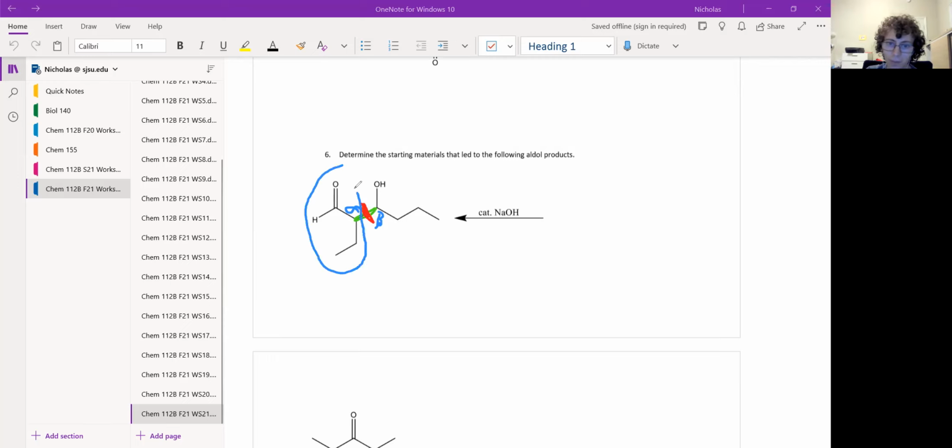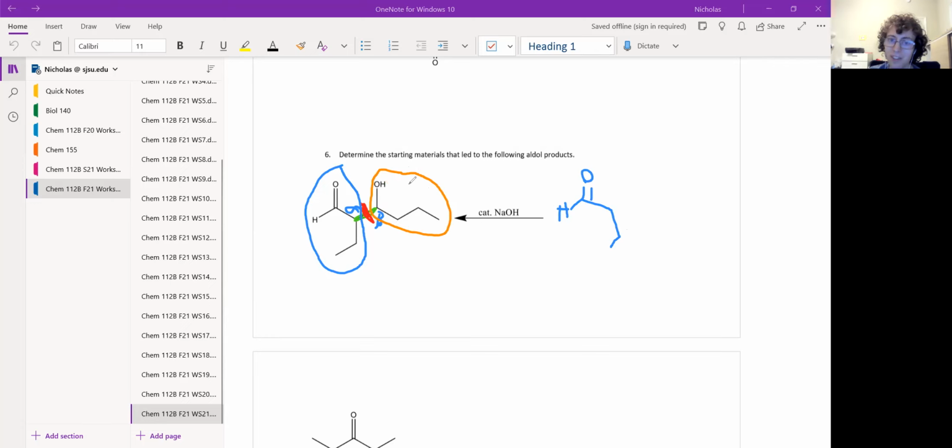So on the left side, I have this part I've circled in blue. I'll go ahead and draw that. And then on the right side, I'll circle this in orange. And remember, if you consider the mechanism, this alcohol formed from a carbonyl: the carbonyl got attacked, and then you had an alkoxide and you protonated, and that's where the alcohol came from.